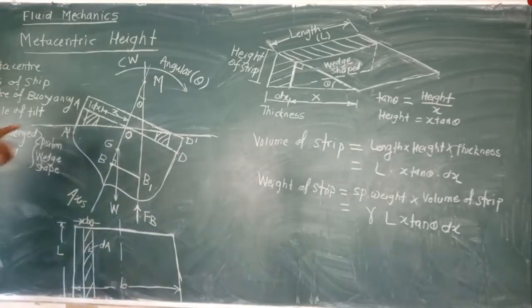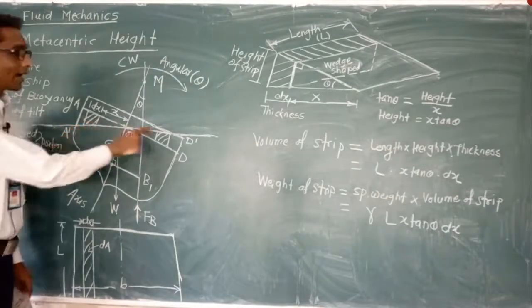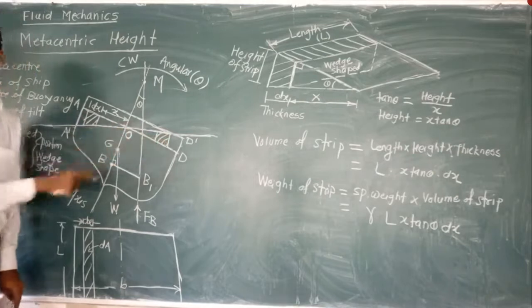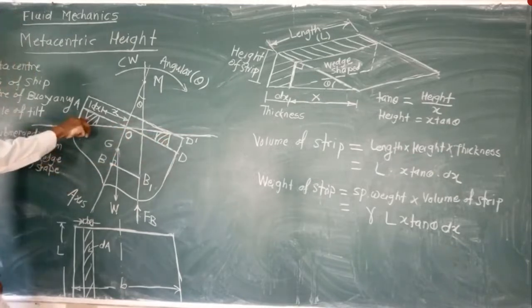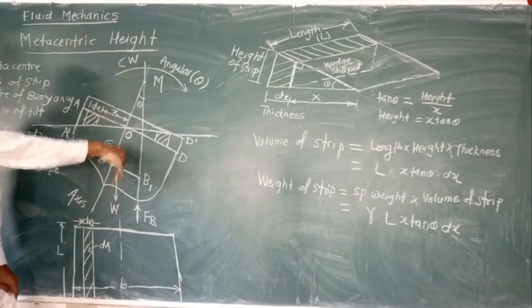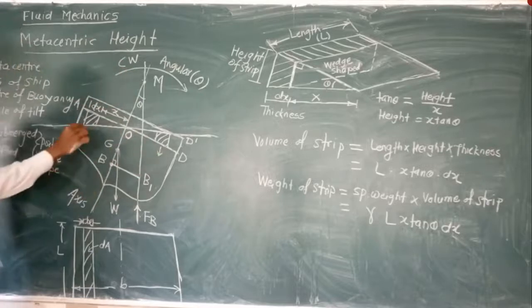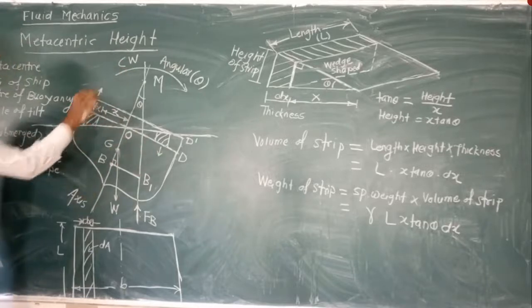Okay, now here these strips are on both sides, left side and right side. So what happens, this weight will be acting, this is coming out, this is going in. So this will act in this manner, and this weight will act in this manner.